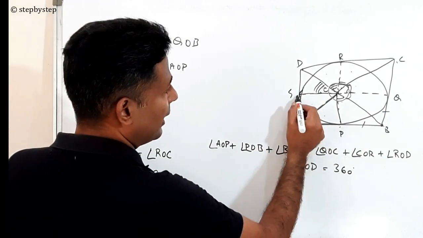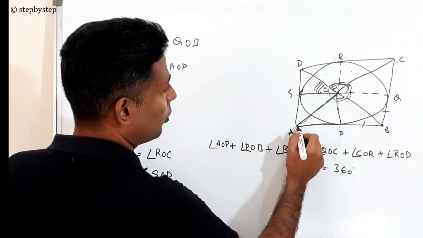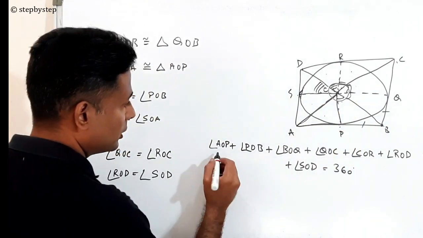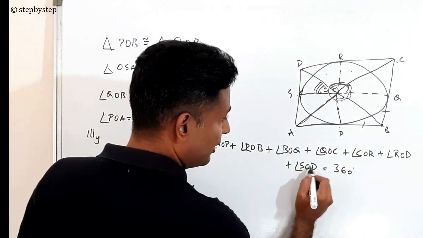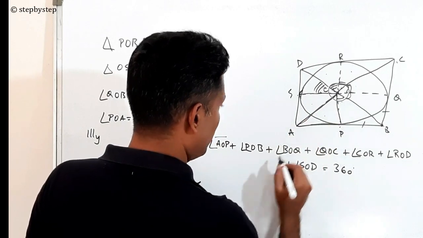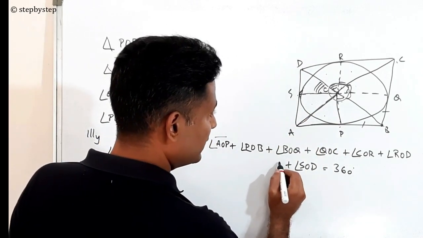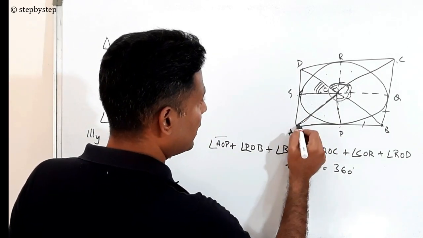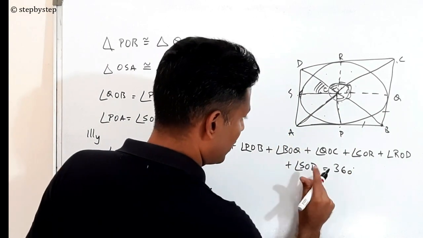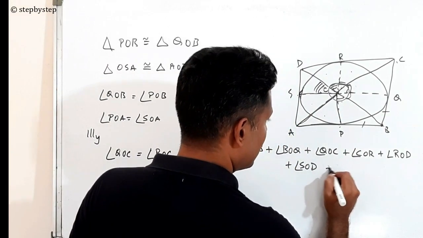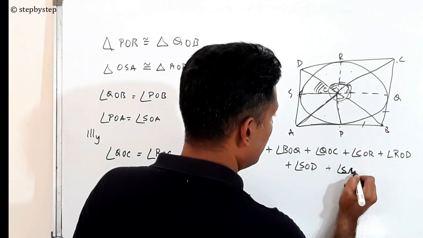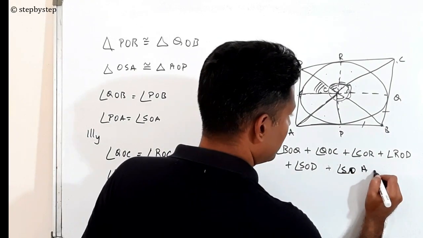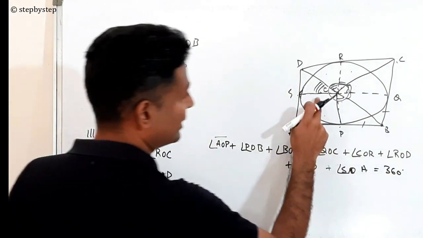But now what do we have? We have angle SOA equal to AOP. So AOP and I forgot to write that angle, plus angle SOA equal to 360 degrees. I forgot to write this angle here.